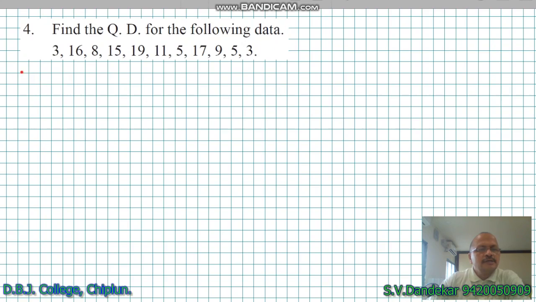Firstly, arranging the data in ascending order.